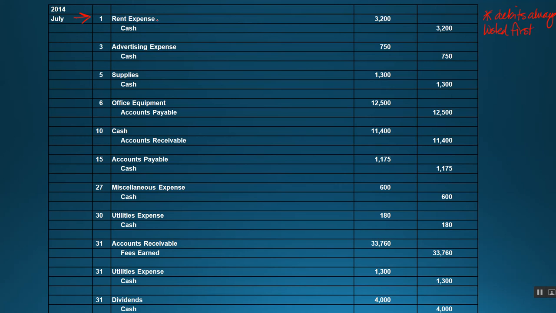All right, so we list them first. Then notice that we indent the credit, the account that's being credited, 3,200. It does not line up. Notice there's a dent there. All right. So that means credits are listed last.